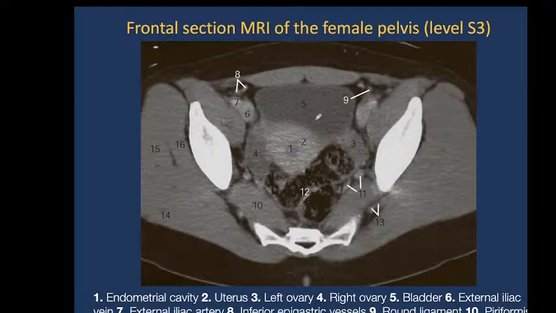Here are the same organs in horizontal section as MRI examination, with the cavity, and rectum. Between uterus and behind the rectum is located the sacrum.